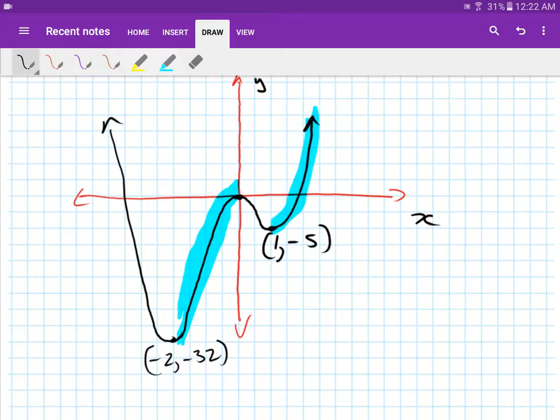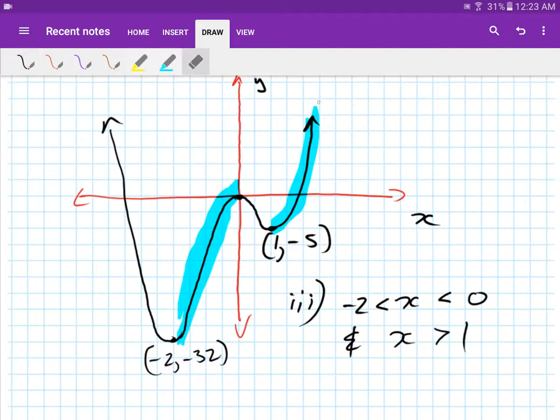So therefore, the answer for part 3: x is greater than negative 2 and less than 0. It cannot include 0 and negative 2 because at those points the gradient is 0. So it has to be between negative 2 and 0. And the other one is, of course, x is greater than 1. So these are where f(x) increases.